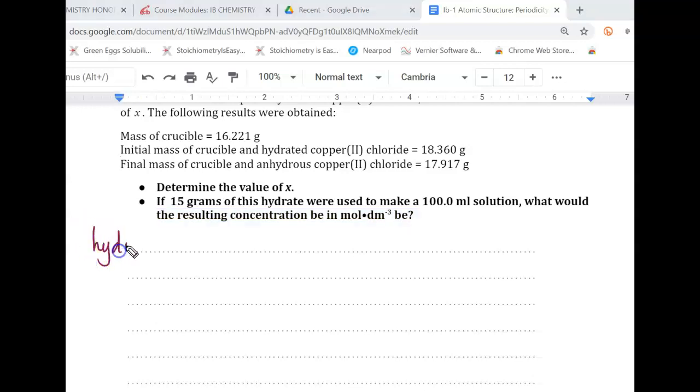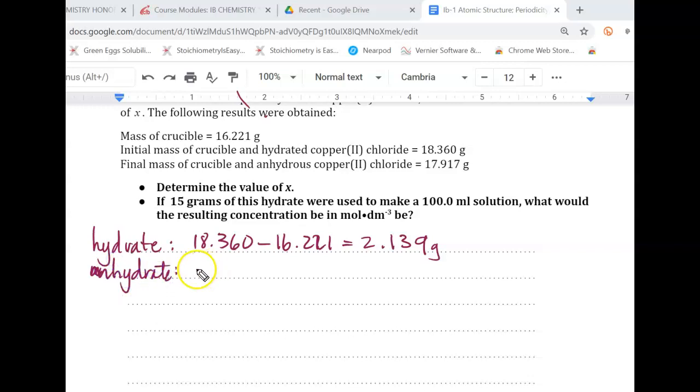I'm going to take the mass of the whole thing minus the mass of the crucible: 18.360 minus 16.221, and I get 2.139 grams.